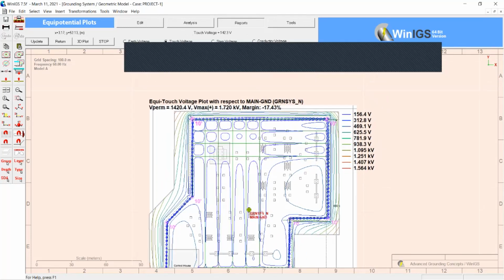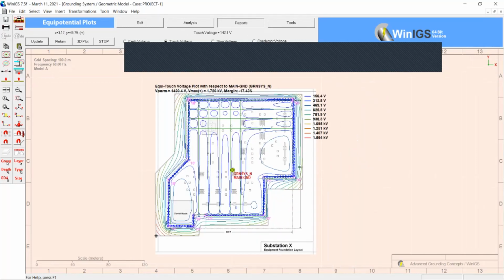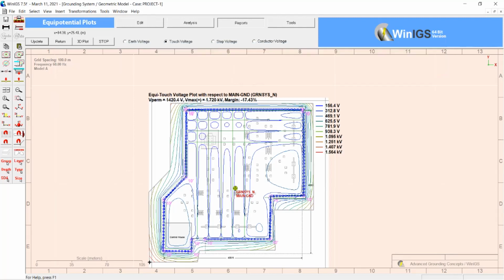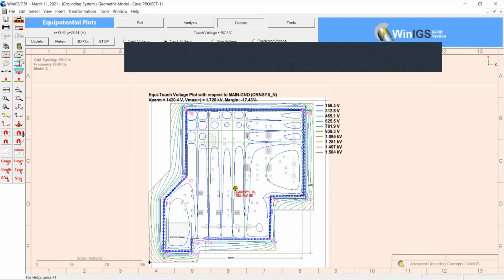Yes, we have the touch voltage profile, and I know the allowable touch voltage for my grounding grid, right? And you also know yours, because you already found it previously.